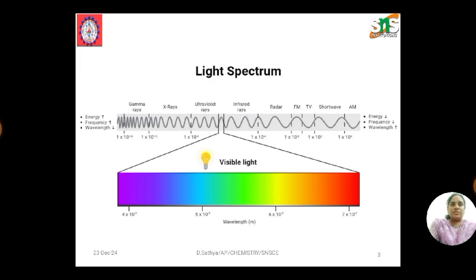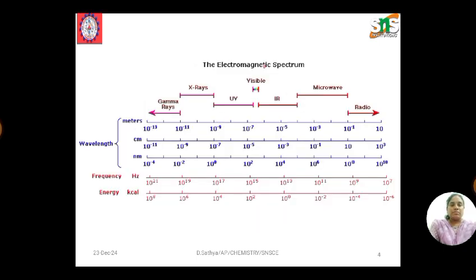The energy changes that occur in atoms and molecules during the interaction with the different regions of electromagnetic radiation are given in this picture. Most of the radiation around us cannot be seen, but some we can detect by using sensing instruments.